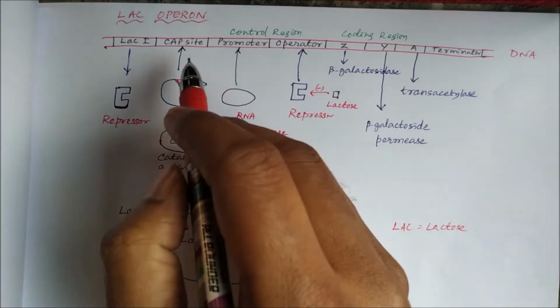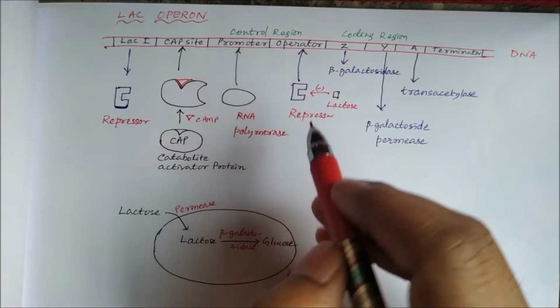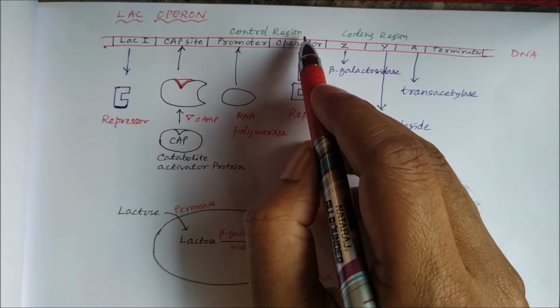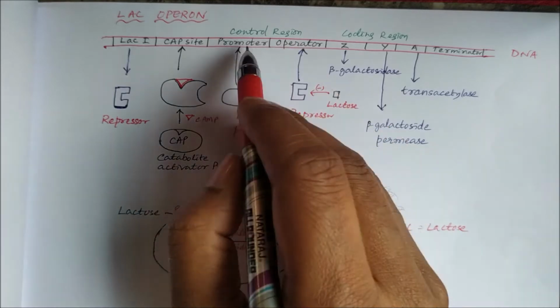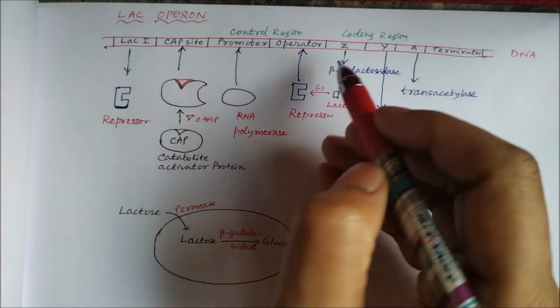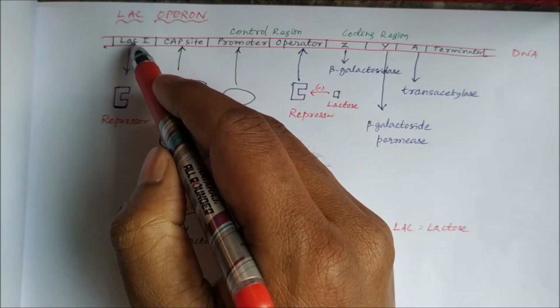And there is an operator site to which the repressor binds. The repressor binds to the operator site and blocks it, so that there will be no movement of the polymerase, no transcription.